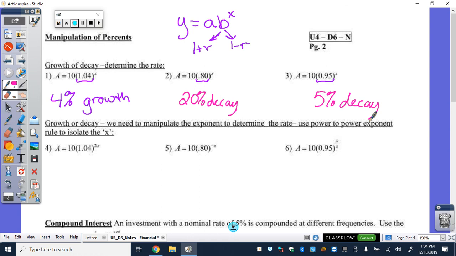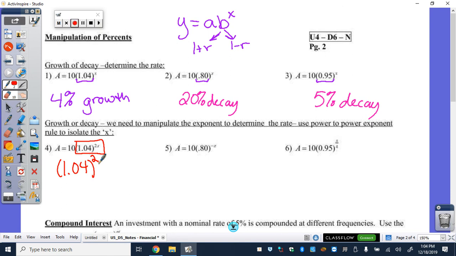So then looking at the next ones, these ones are a little bit different because your exponent there is not just x, it's something else. So we have to first manipulate it, and then we can figure out what our rate of growth or decay was. So this one, it's 1.04 to the 2x power. So what I need to figure out first is what 1.04 squared is.